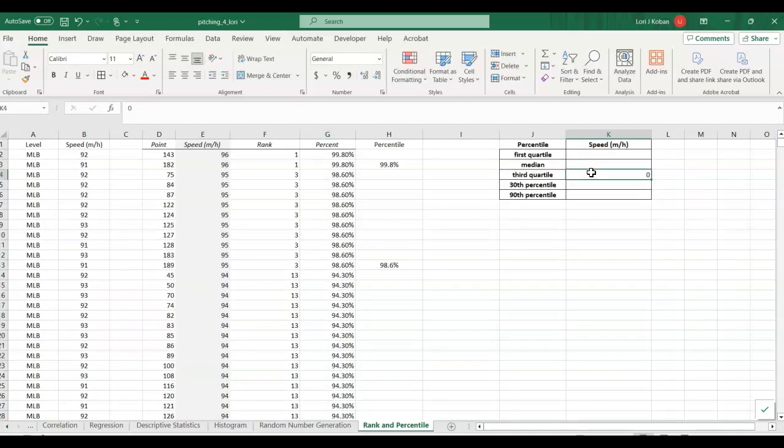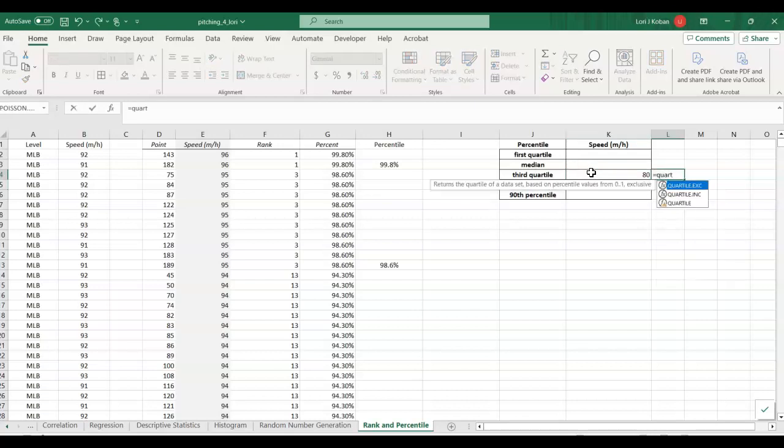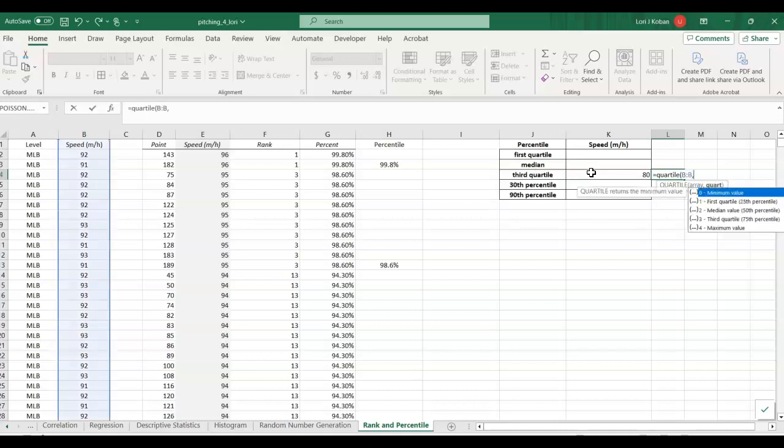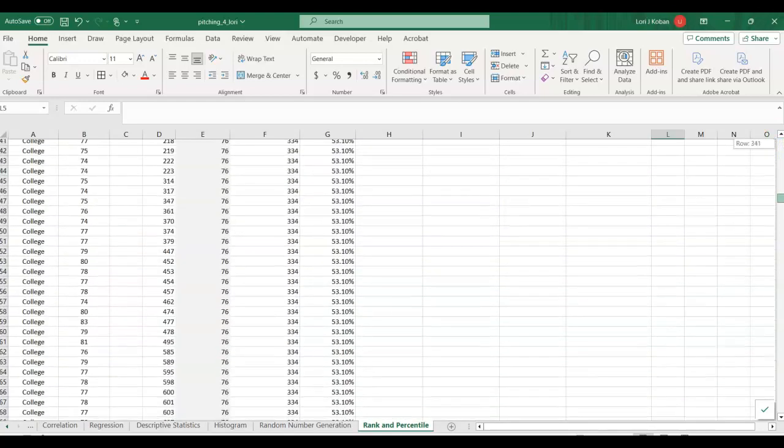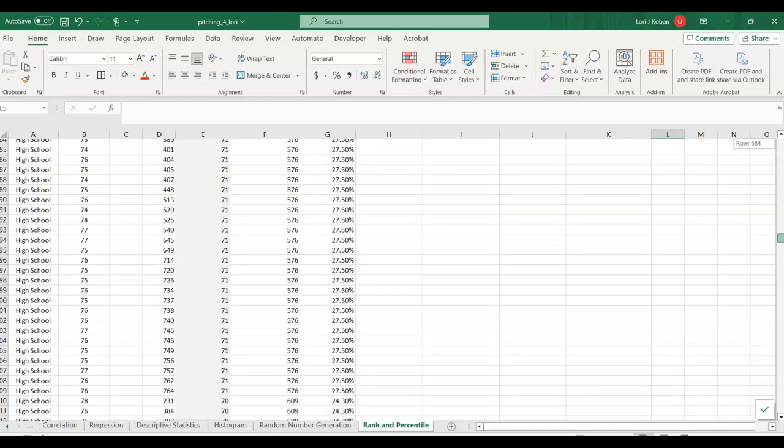Let's just check. So if we went to the quartile function and our quartile is looking at B and we wanted the third quartile, we get 80. Let's look at the first quartile, which is bigger than 25% of the data.